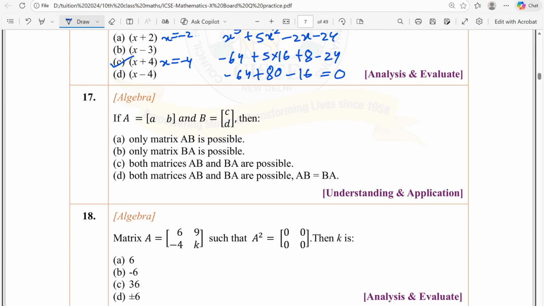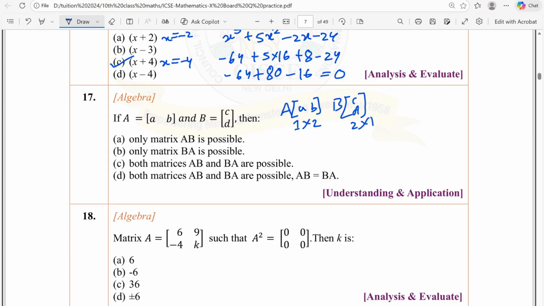Question number 17. A is a matrix, B is a matrix. Only AB is possible, BA is possible, or both are possible and equal. First, see, this is your A matrix, with order 1 row, 2 columns, entries A, B. And this is the B matrix, C, D, with 2 rows, 1 column.